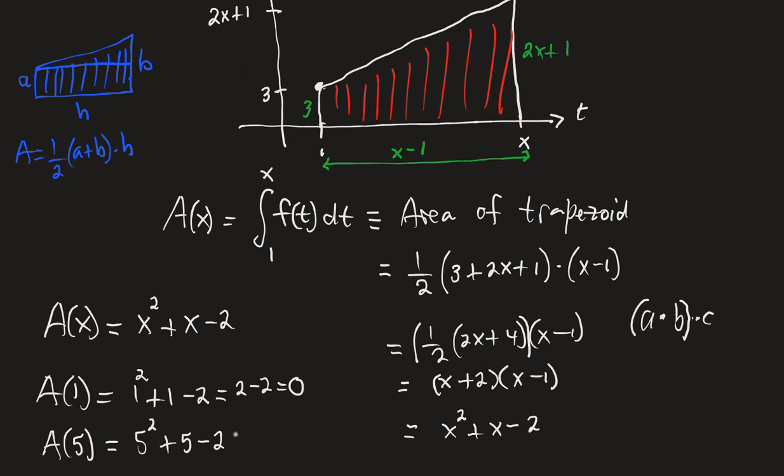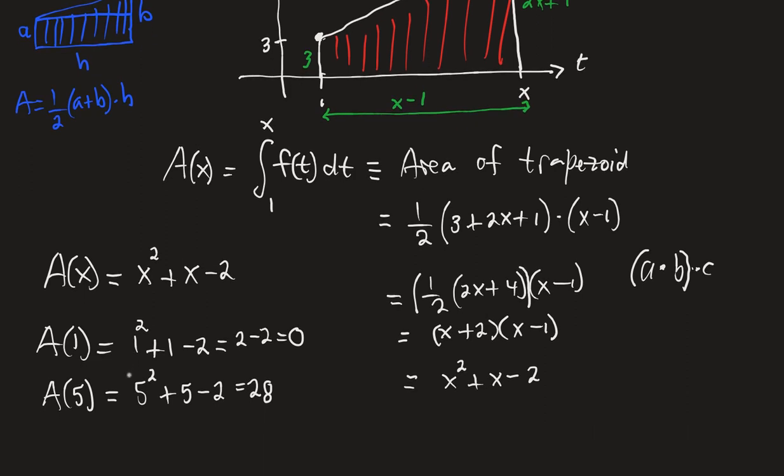That will be 25 plus 5, that's 30, minus 2, so that's 28. So the area of that trapezoid would be 28. I don't need to redo this, right? This has been done generally, and now I can use the general area function to find specific area values.